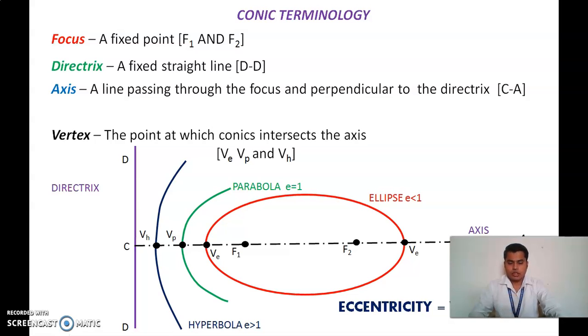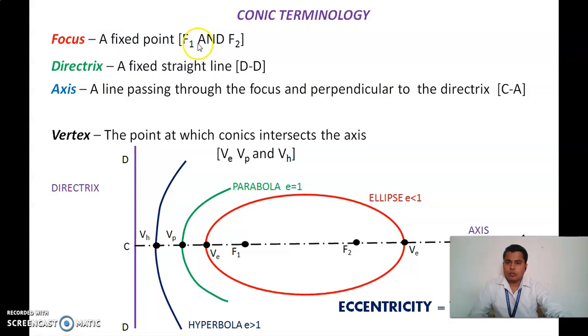So what is focus? What is directrix? We can see that here. The DD is the directrix. This vertical blue line DD is a directrix, a straight line perpendicular to the horizontal.